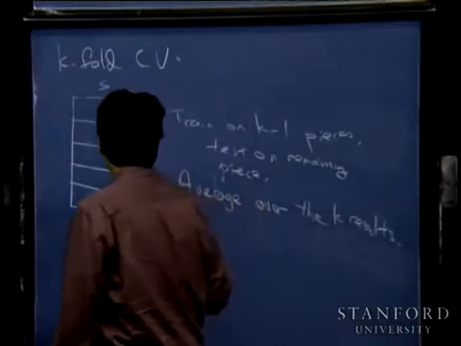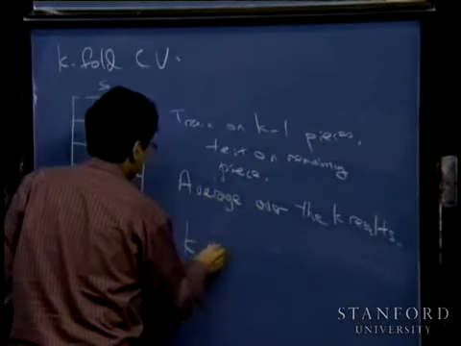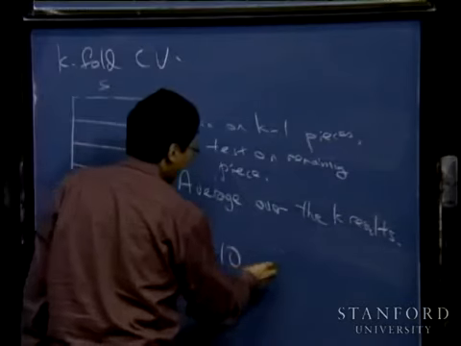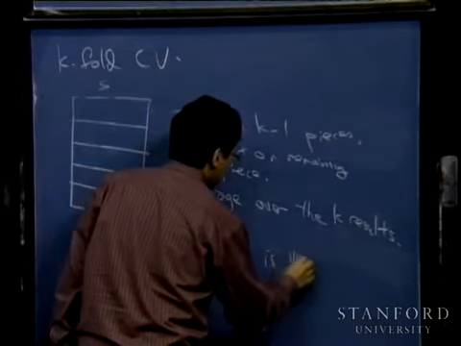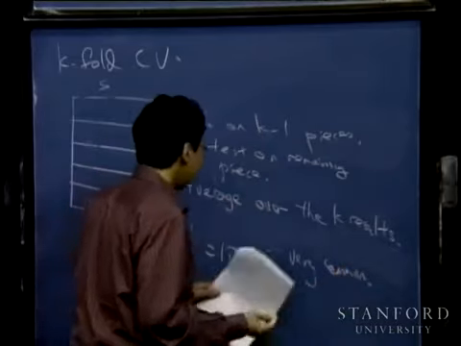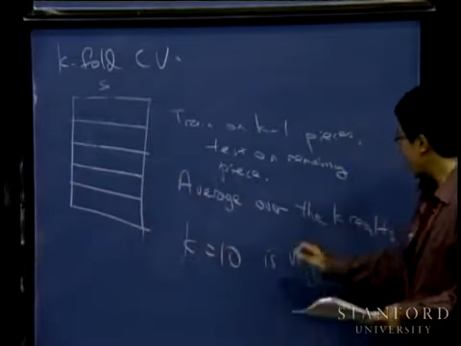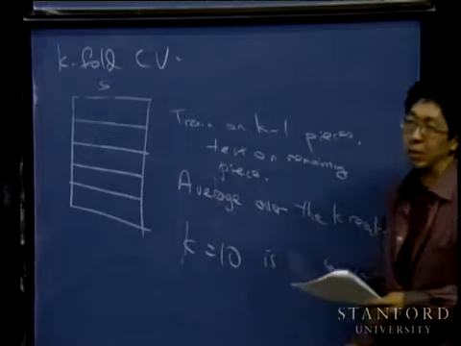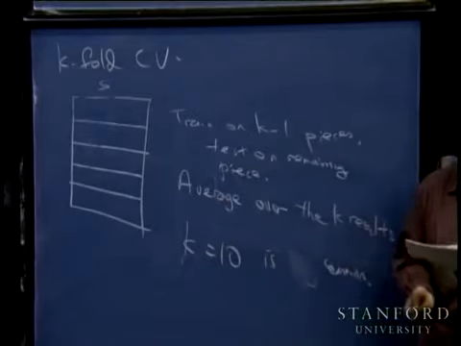I drew 5 pieces here because that was easier for me to draw, but k equals 10 is very common. K equals 10 is a fairly common choice, to do 10-fold cross-validation.